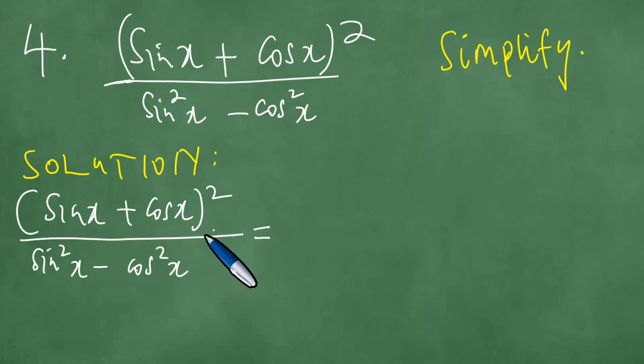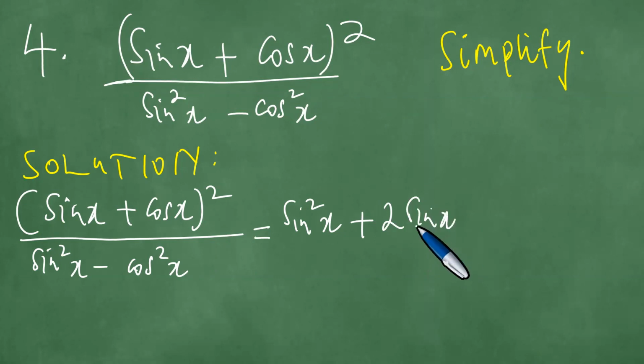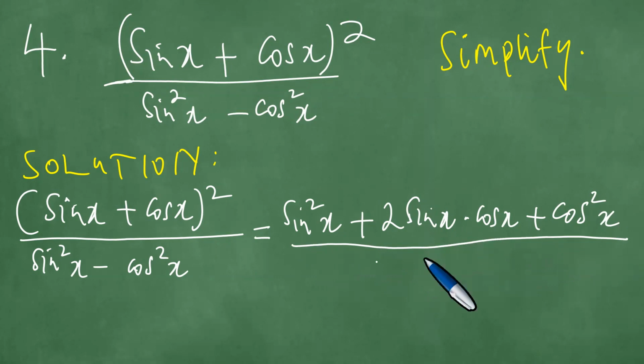Expanding because it's being squared, we have sine squared x, then sine x times cosine x times 2, giving 2 sine x cosine x, plus cosine squared x, divided by sine squared x minus cosine squared x.